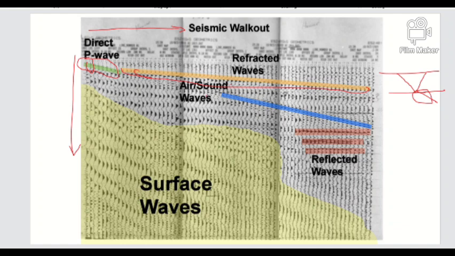If there is an air sound wave, noise or air wave from any machine or high voltage electric wire, this type of inclined wave indicates it. If a wave reflects directly from one layer, it is a horizontal wave.